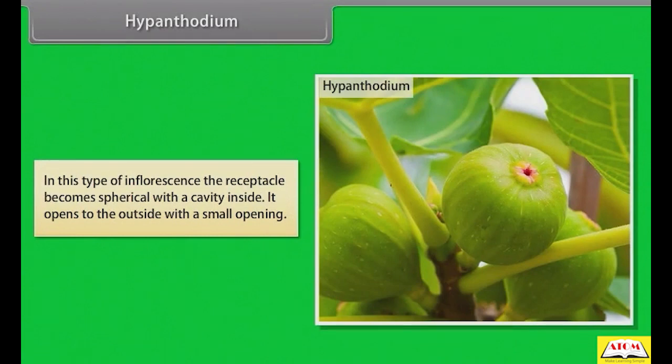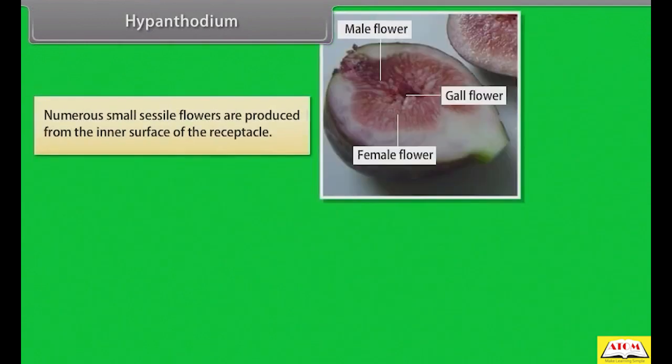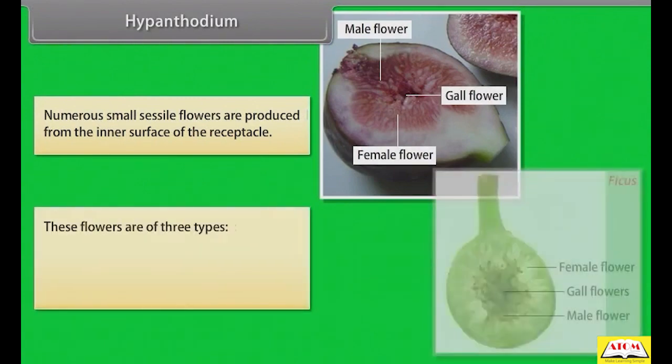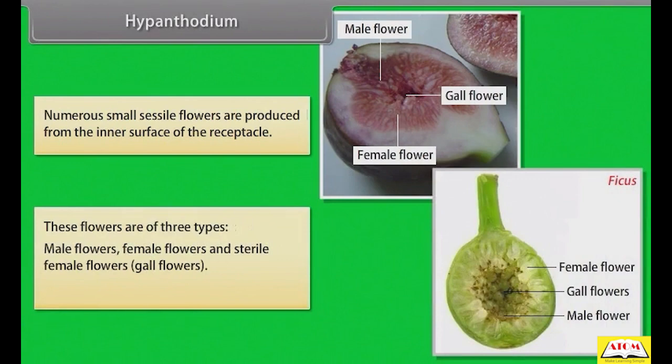It opens to the outside with a small opening. Numerous small sessile flowers are produced from the inner surface of the receptacle. These flowers are of 3 types: male flowers, female flowers, and sterile female flowers, gall flowers. Example, ficus.